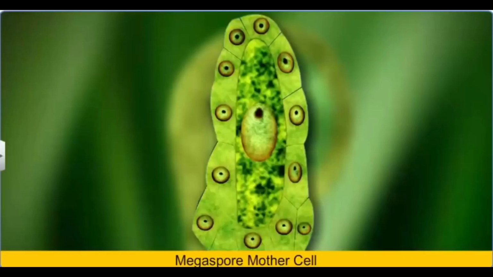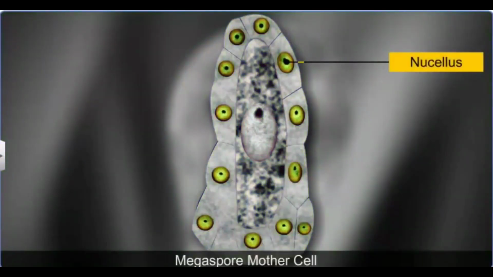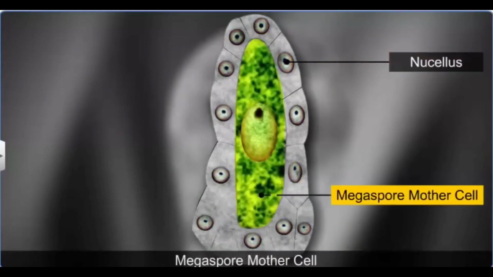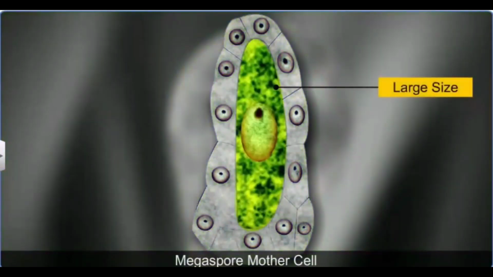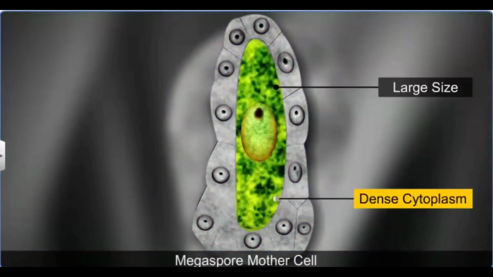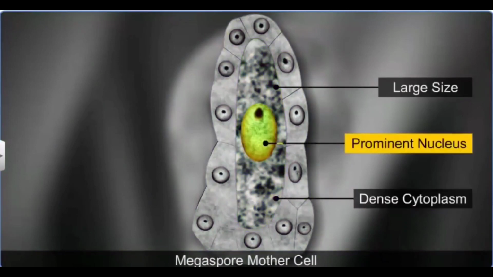This megaspore is formed when one of the nucellus cells, towards its micropylar end, gets differentiated into a megaspore mother cell, which can be easily distinguished from other cells due to its large size, dense cytoplasm, and prominent nucleus.